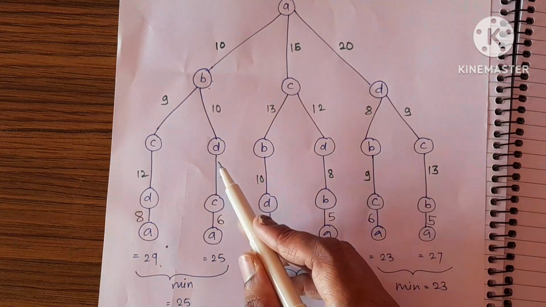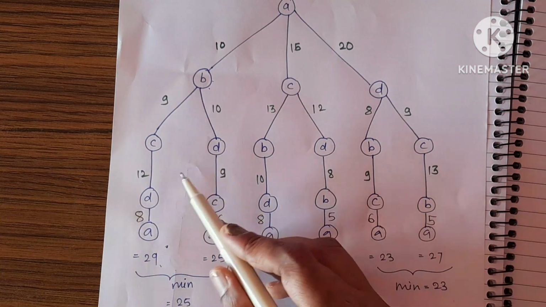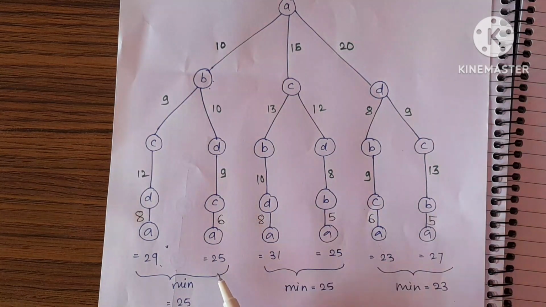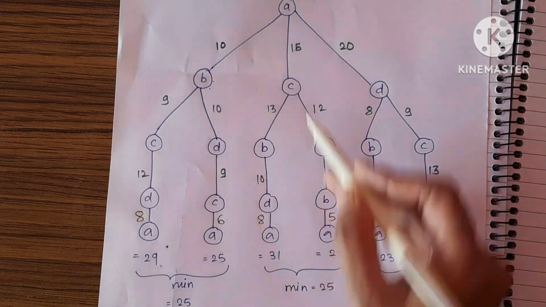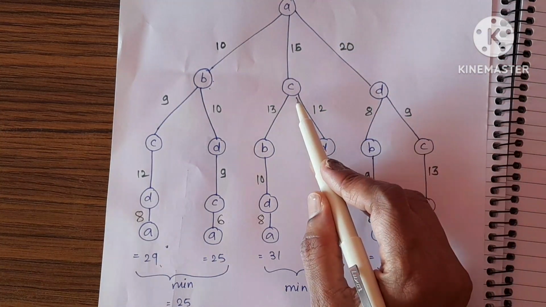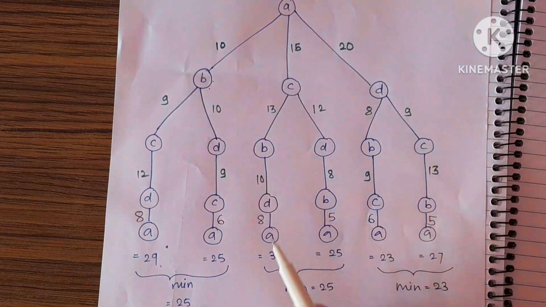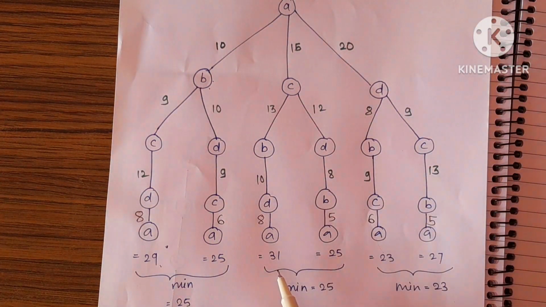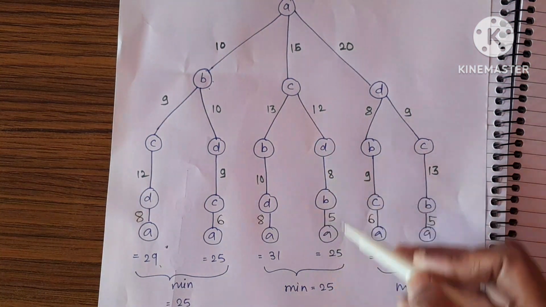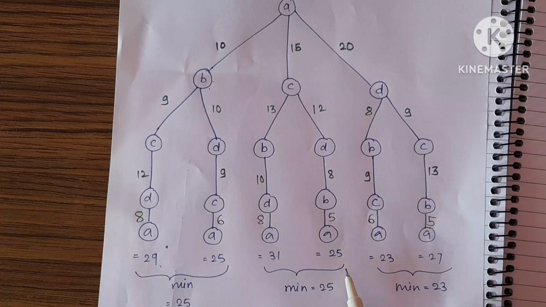If the order of visiting cities C and D is swapped, then it would cost 25 distance. This is the second case, where the salesman would visit city C first and then B, D. This order would result in 31 distance. If the order of visiting B and D is changed, then it would cost 25 distance.